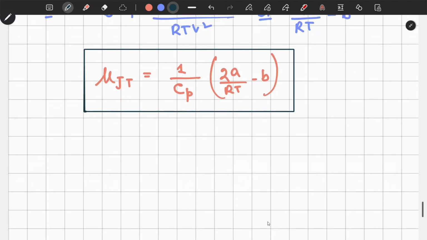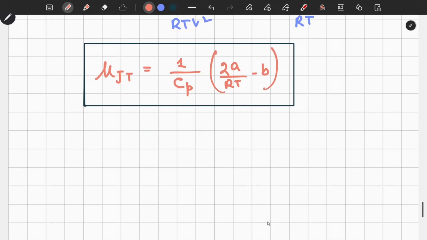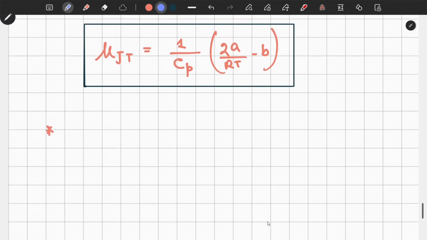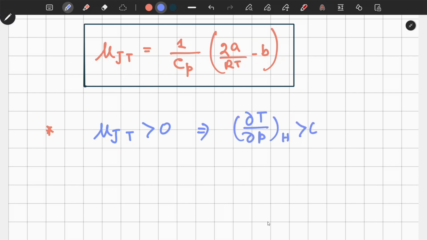Now we will have three cases. Let's say mu JT is positive. So mu JT is del T del P at constant H, that is positive.